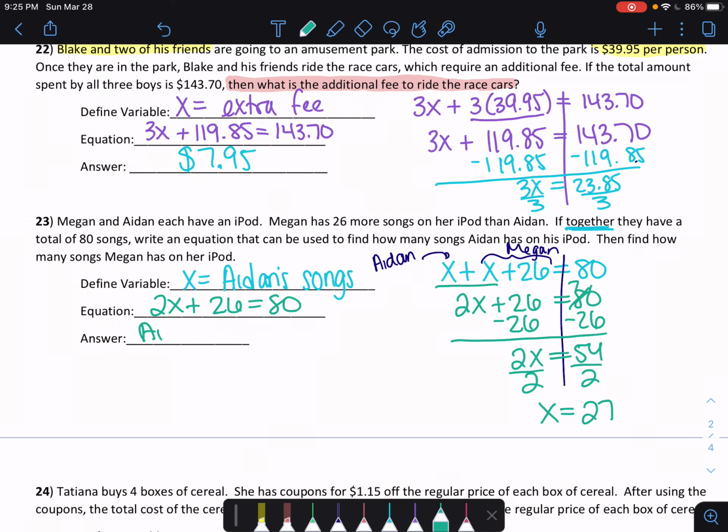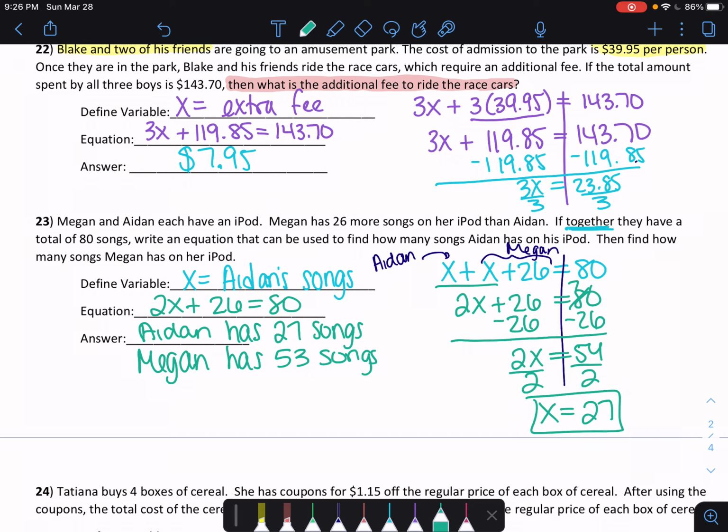So Aiden has 27 songs, and Megan has 53 songs. So if this is Aiden, then Megan is 26 plus 27. So she has 53.